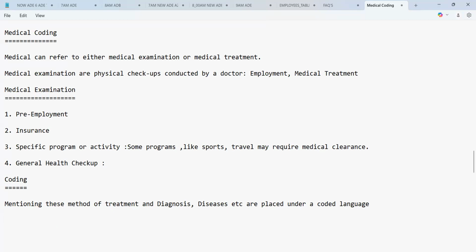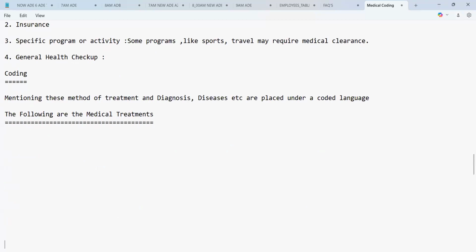Medical treatments. The following are the medical treatments. These medical treatments are classified into the following categories, guys. What are those categories? Can somebody tell me, please?